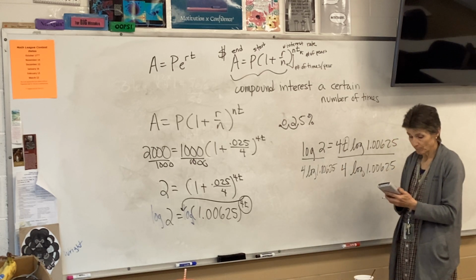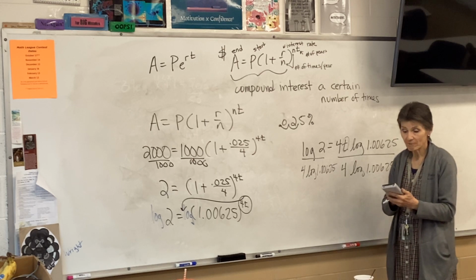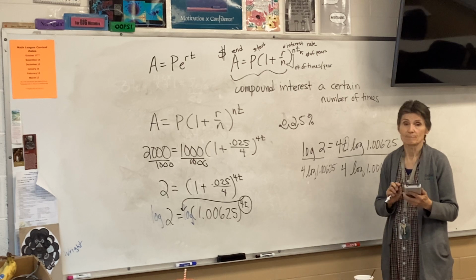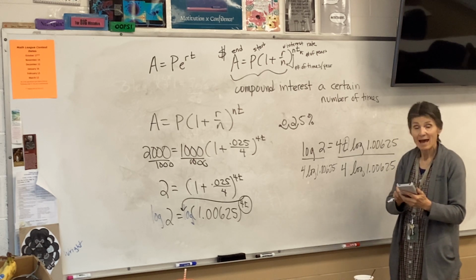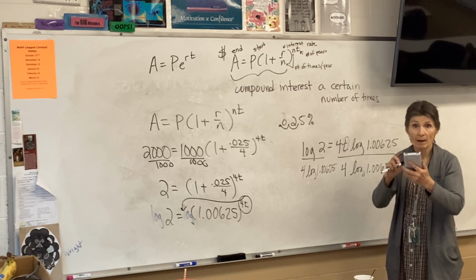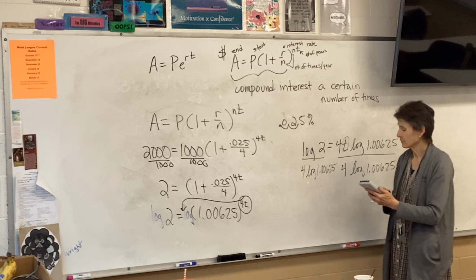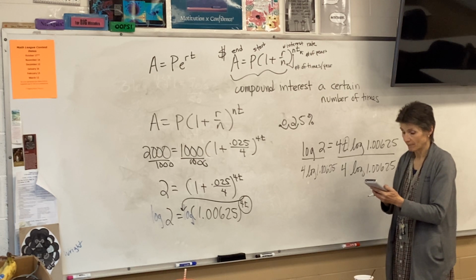Type log 2, close the parentheses, divided by 4. So we'll take care of the 4 first. Hit equals. Don't write it down. Then take that answer, divided by log 1.00625, equals.